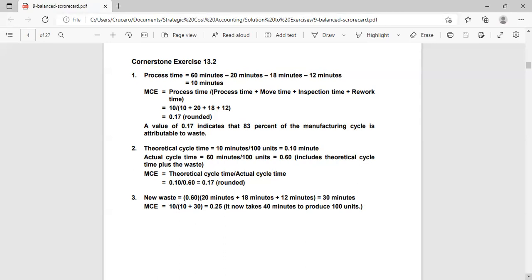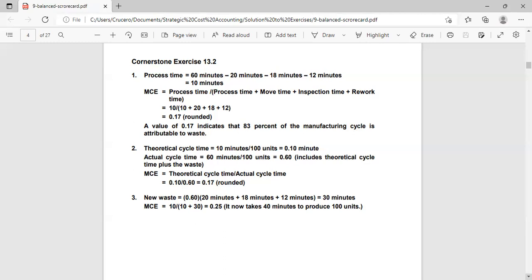The theoretical cycle time is 10 minutes divided by 100 units, so it's 0.10 minute per unit. The actual cycle time is 60 minutes divided by 100 units, equals 0.60, which includes the theoretical cycle time plus the waste.